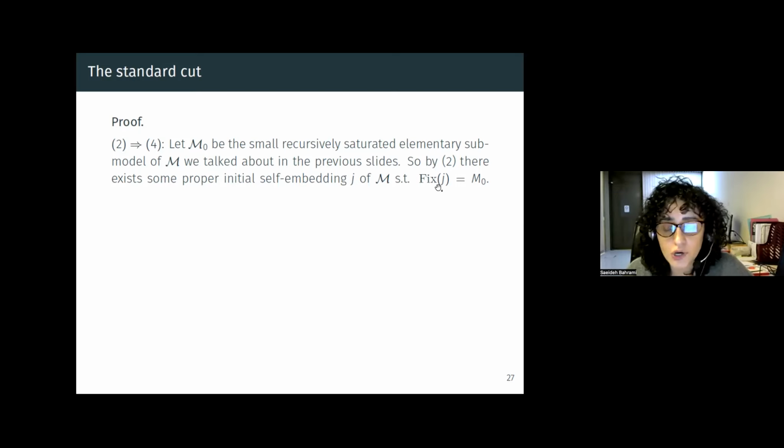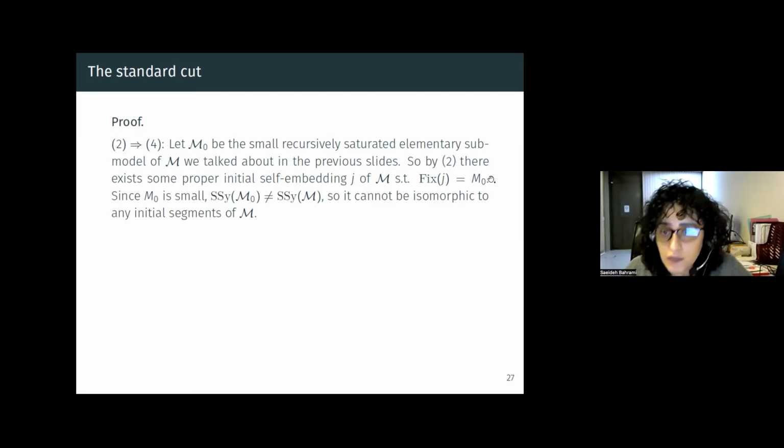This J would serve as a witness for statement 4, because M0 is recursively saturated, so it is a model of BΣ1, the collection axiom for Sigma 1.